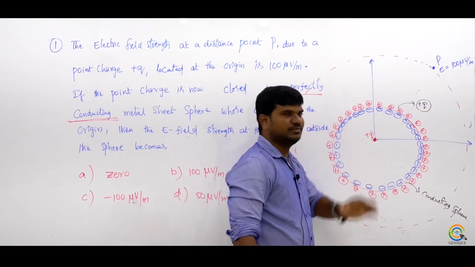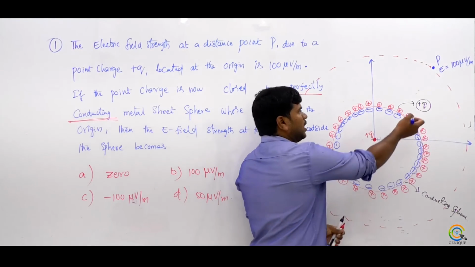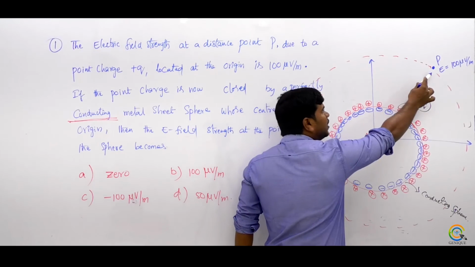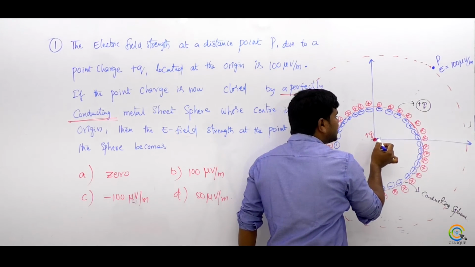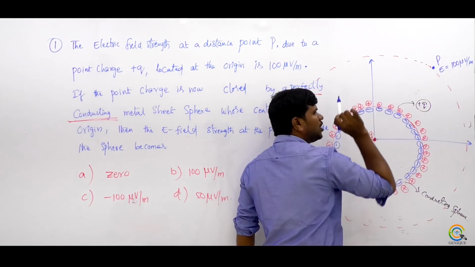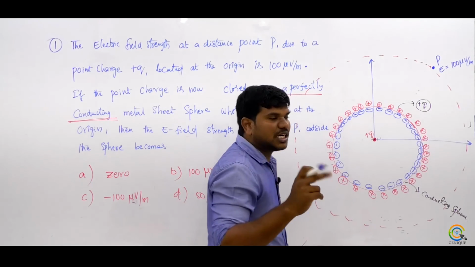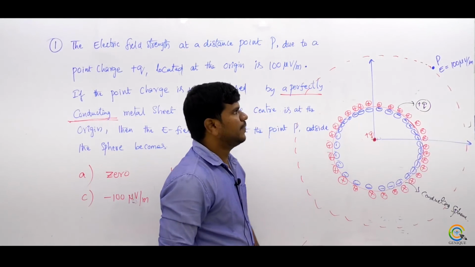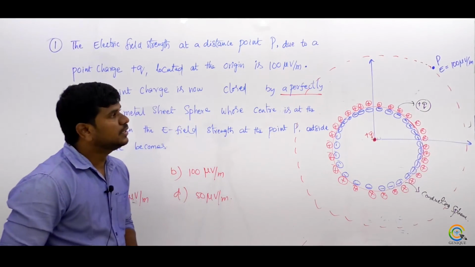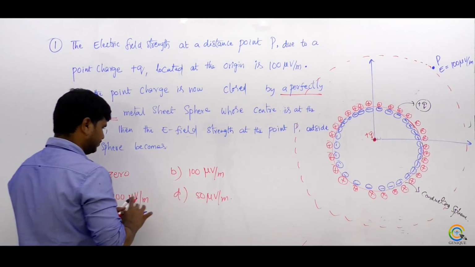The plus q only, in any of the ways. So while we are calculating the electric field, you have to take the distance from the center. Even though the charge is placed on the sphere, you have to take the distance from the center of the sphere only. So that's why you will get the same electric field intensity. So this is the concept.